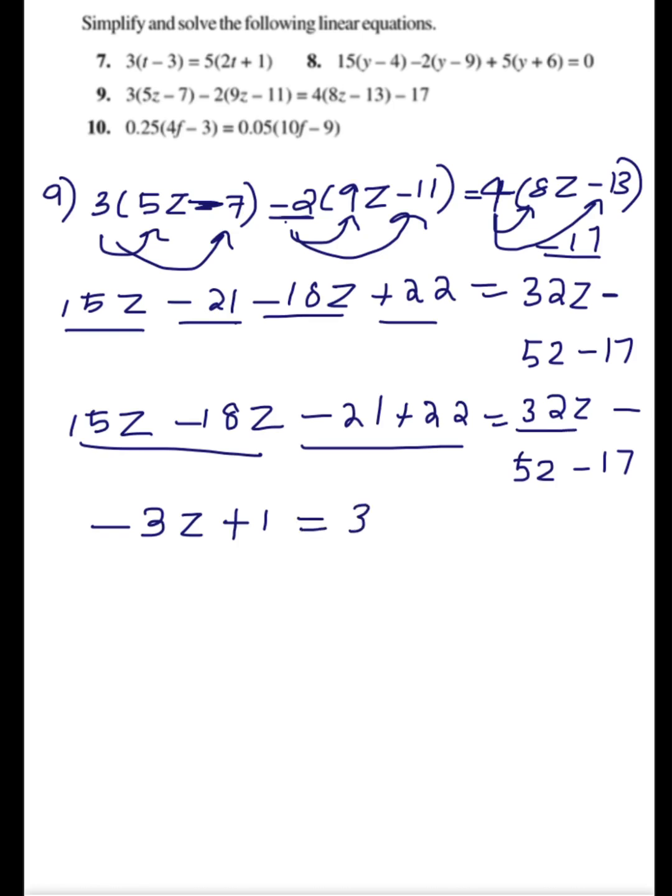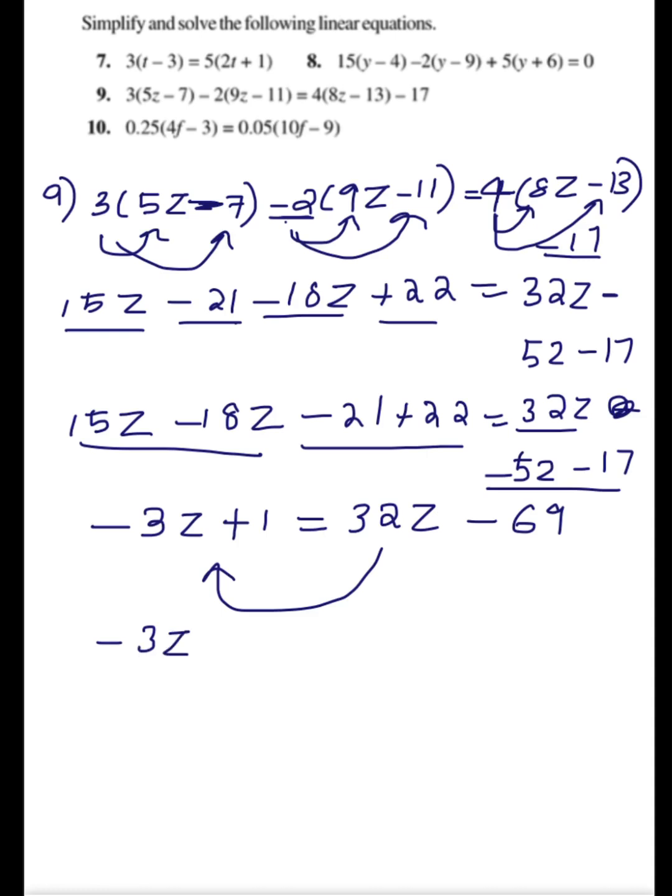What is here? 32z. What is minus 52 minus 17? Minus 52 minus 17 means you have to add them. So minus 69. Now you have to take this 32z to the other side to get the variables alone on one side.